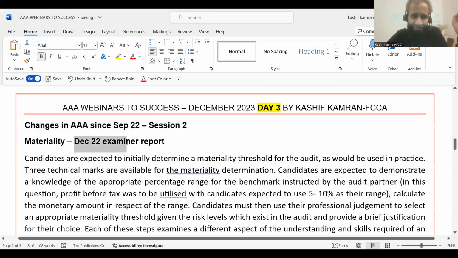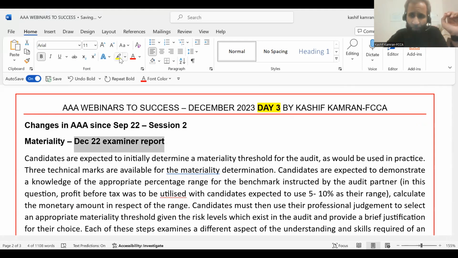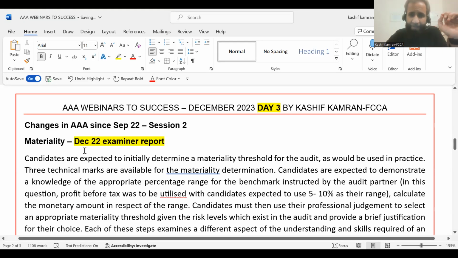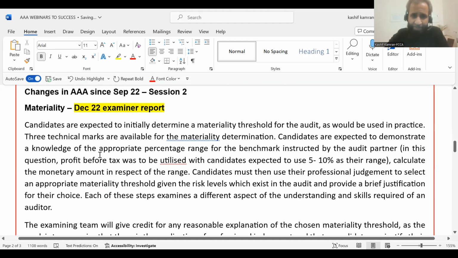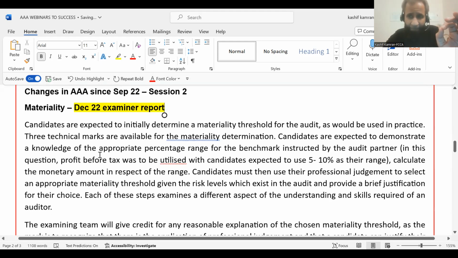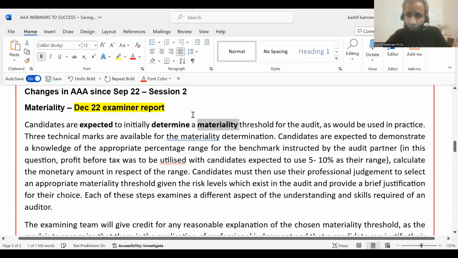This is the December 22 examiner report, the paper we are doing, and this is the examiner comment on materiality. Let's see what the examiner is telling us about materiality, and be very careful. Candidates are expected to initially determine a materiality threshold for the audit as would be used in practice. So you need to determine the materiality threshold as you do in normal practice.